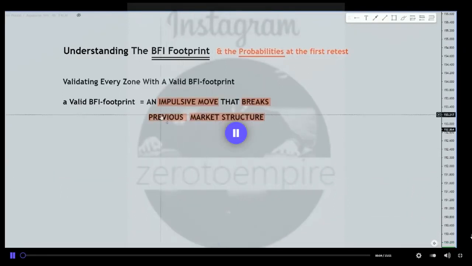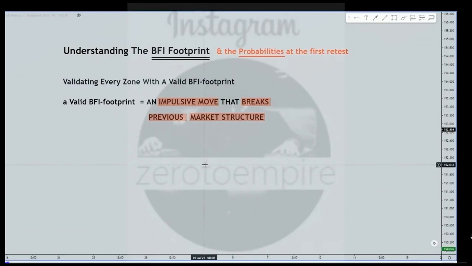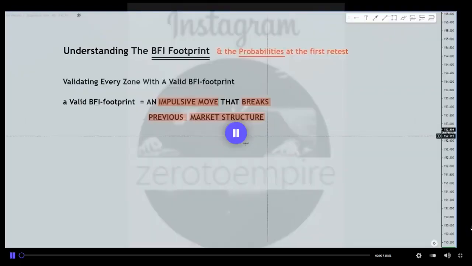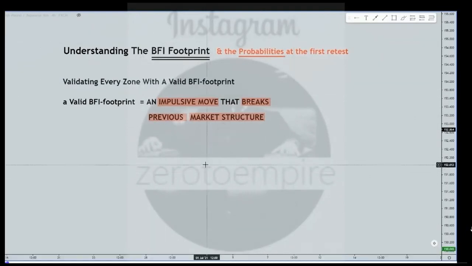This video may be the most important one from our No Fluff Trading video series because it discusses the basics of the footprint, a BFI footprint.